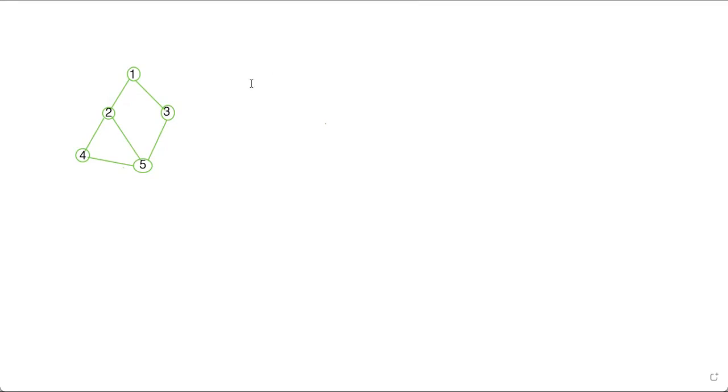So what is the adjacency matrix for this thing? This is a graph, as we know. So what would be an adjacency matrix for this? As the name suggests, adjacency matrix means a 2D representation of how the nodes are connected, right?